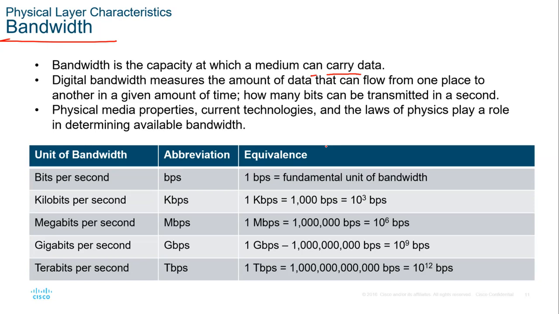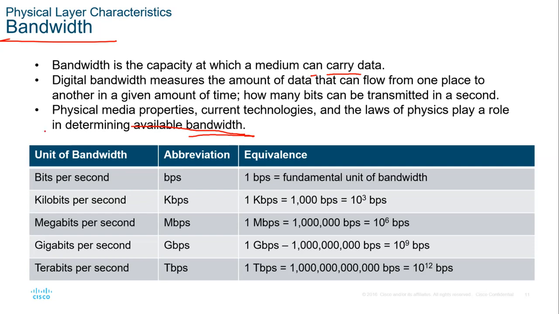That is digital bandwidth. Physical media properties, current technologies, and the laws of physics play a role in determining available bandwidth.